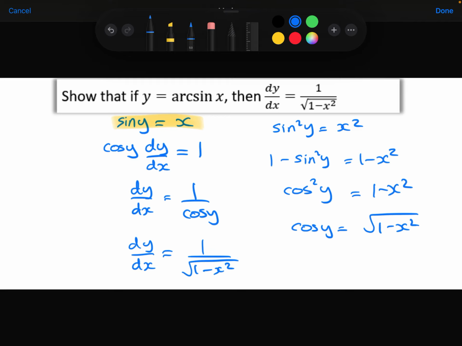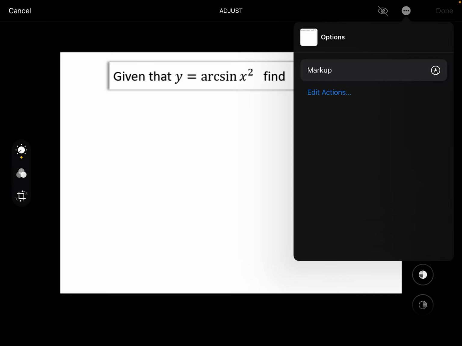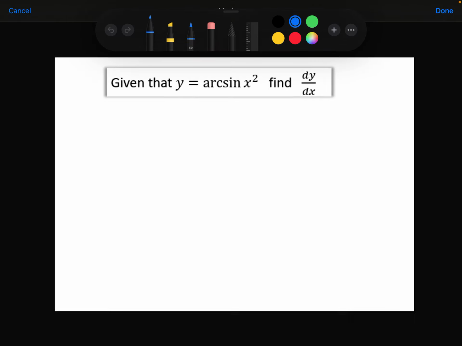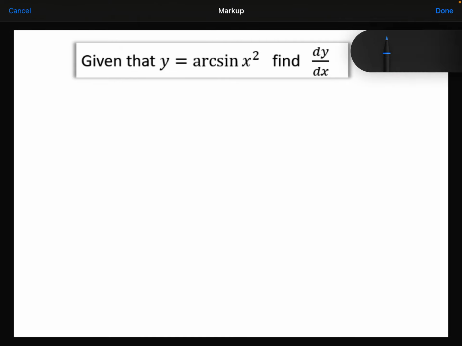So let's use that same technique on some harder ones. So I want to differentiate arcsine x squared. Now technically I could do this with the chain rule, considering I've just differentiated arcsine on the previous example, but let's practice implicit differentiation a little bit more.